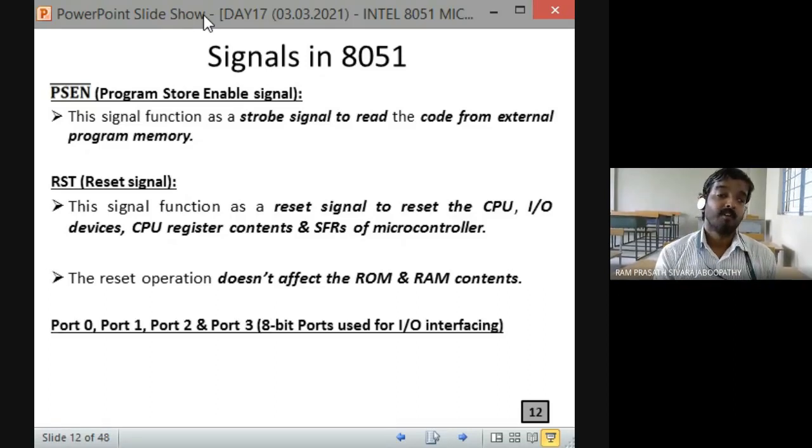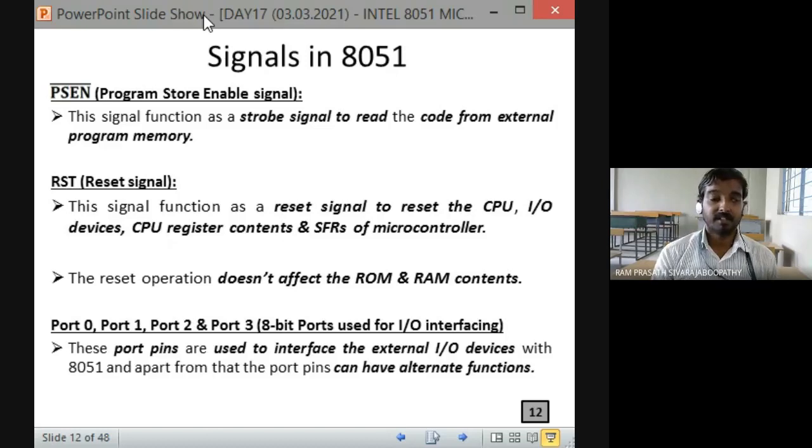Fine. Then finally port 0, port 1, port 2, port 3. These 8-bit ports are used for IO interfacing. Totally we have 4 ports, each 8 bits in length. These port pins are used to interface external IO devices with the 8051, and apart from that, port pins can have alternate functions. Already we have told you, correct? For port 0 and port 2, we use the address data bus as the alternate function.